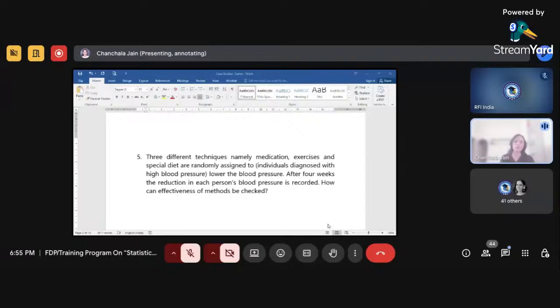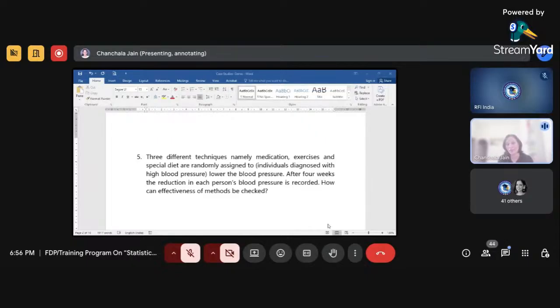Those who are saying it is a case of paired t-test, can you justify why it will be a case of paired t-test? Read it very carefully. Vasudha ma'am said correctly, it is a case of one-way ANOVA. We are having the patients. To some of them, we can give the medication.